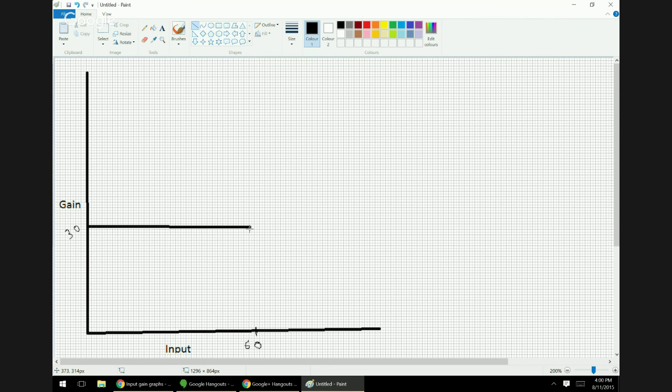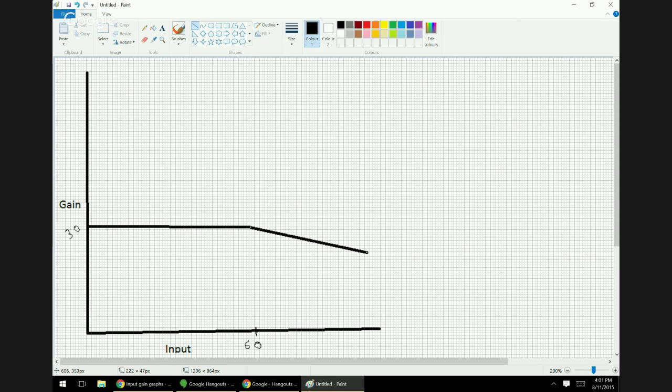Then we'll ask ourselves again, what happens to gain as we increase input in a compression section? As we increase the input, the gain reduces, goes down. So we've got to have a line taking a downward slope.